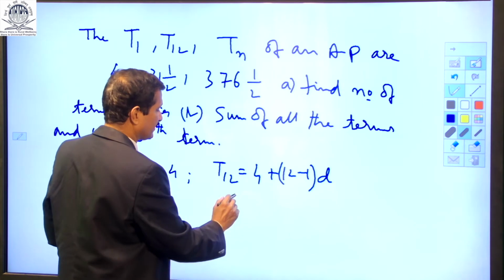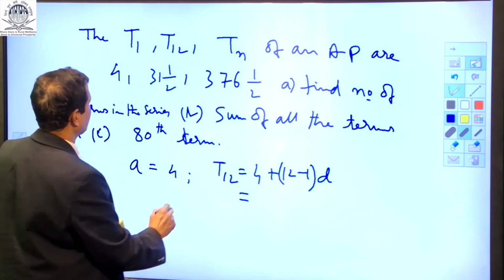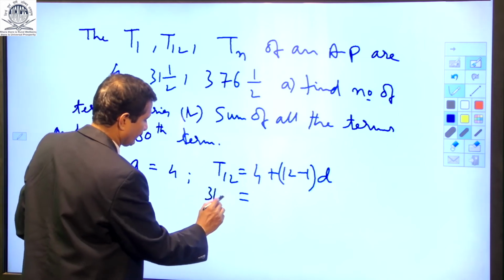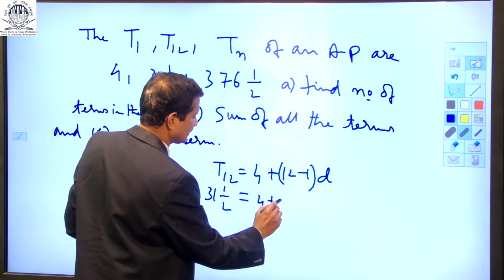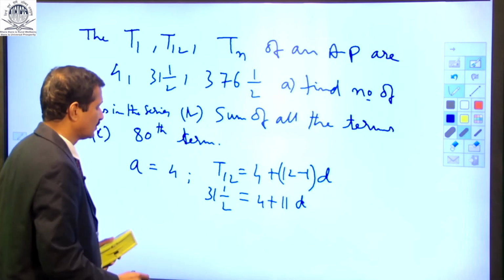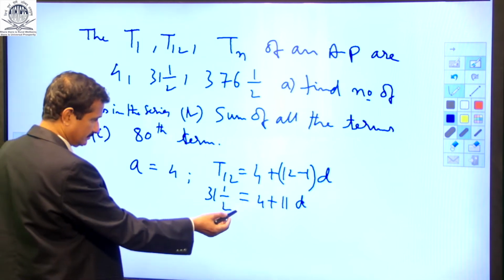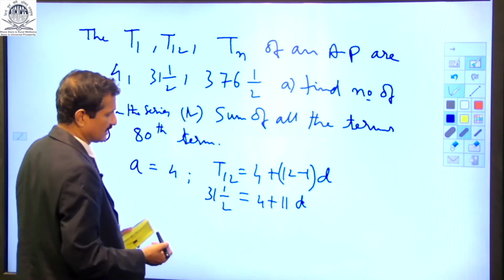Let us find D from this. T12 is given as 31.5, 4 plus 11 D. Transpose this 4 to this side.